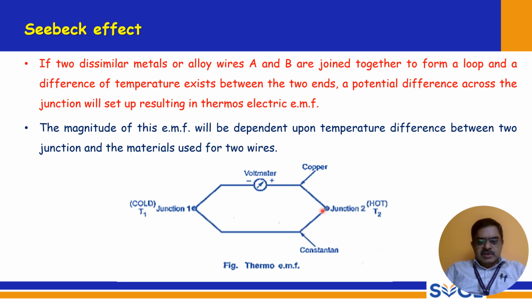This becomes the hot junction T2. This is a reference junction, and this is the other junction where the temperature or the EMF is measured. This is a simple demonstration of the Seebeck effect.